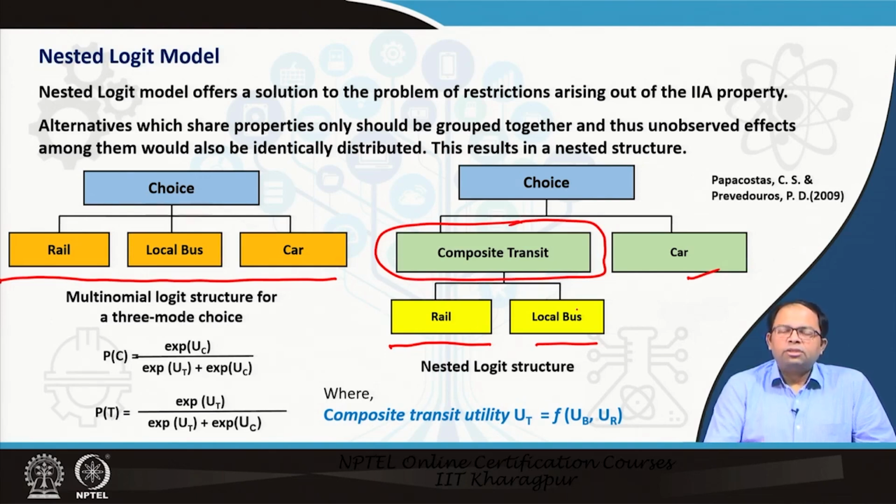Whereas, the parameters which are different between rail and bus should be evaluated within the nested logit model. That means, within this particular nest we will evaluate those parameters, whereas over here we will select the parameters which are common between rail and local bus, like in-vehicle travel time and out-of-vehicle travel time. In both cases there is an out-of-vehicle travel time and an in-vehicle travel time.